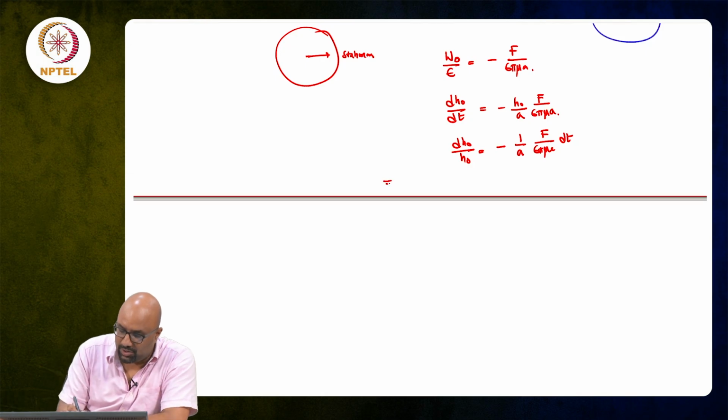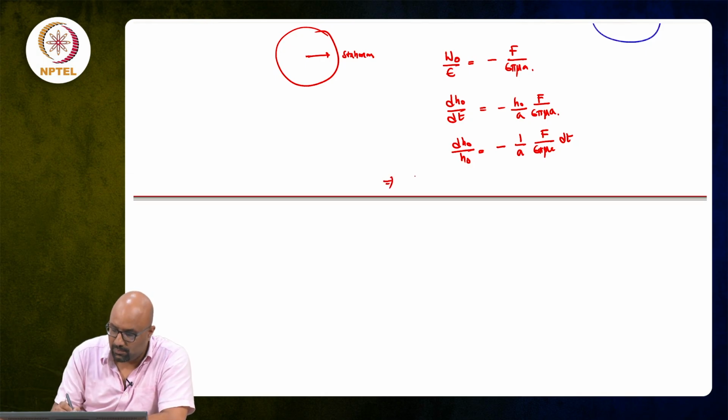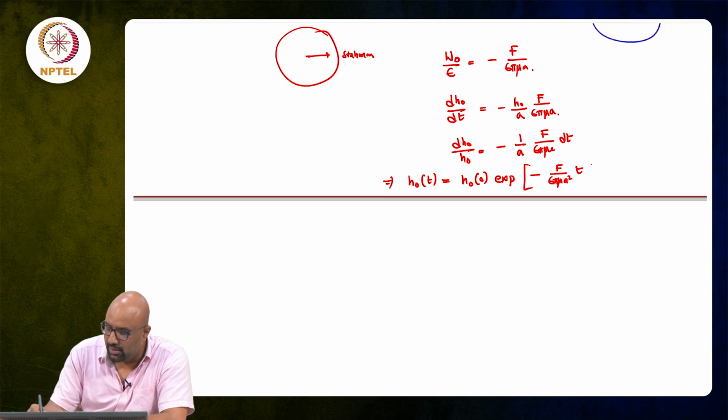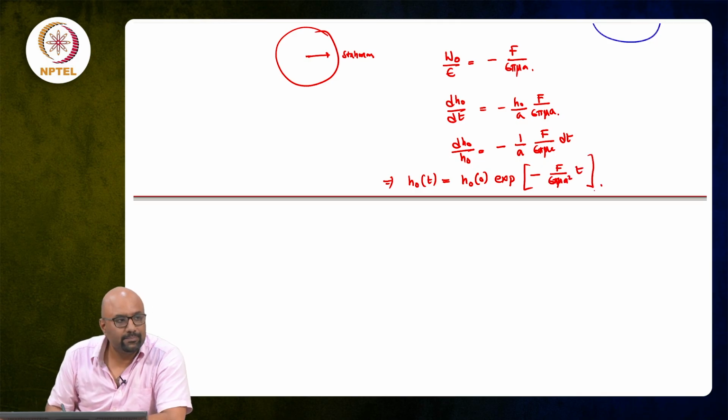What would be the solution to this? H naught of t would be H naught of 0 times exponential of minus F by 6 pi mu a square into t. What is your conclusion?